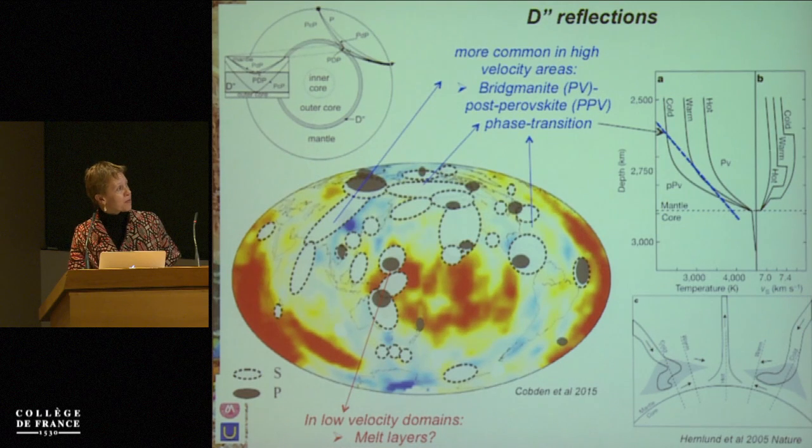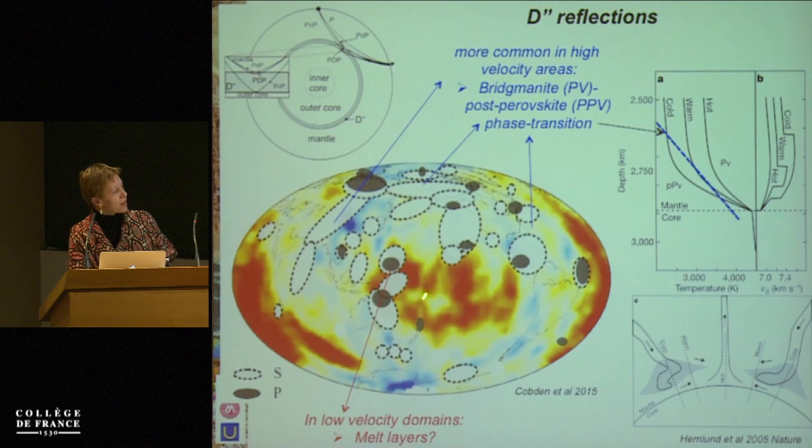And this kind of study was also very successfully compared to a double crossing that could correspond to a double phase change from Bridgmanite to post-perovskite and back to Bridgmanite in cold regions, for instance, in the mantle. And you see that most of these observations are related to cold fast velocity, so probably cold areas in the deep mantle.